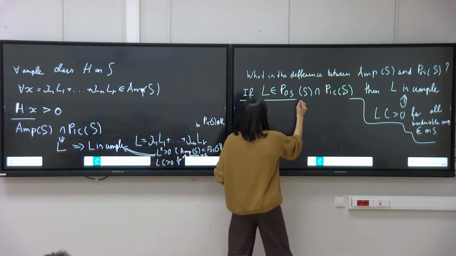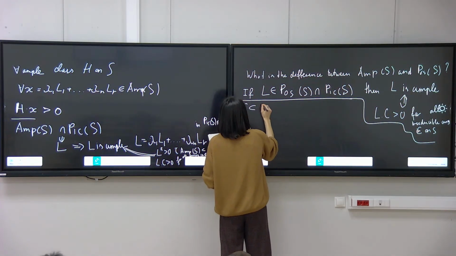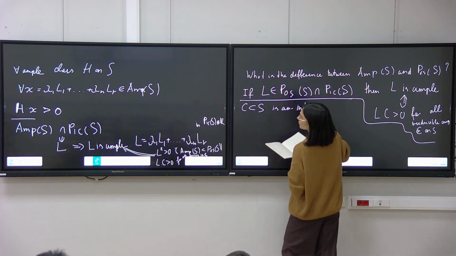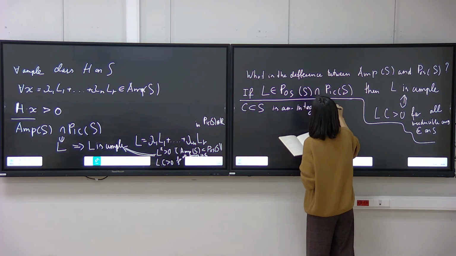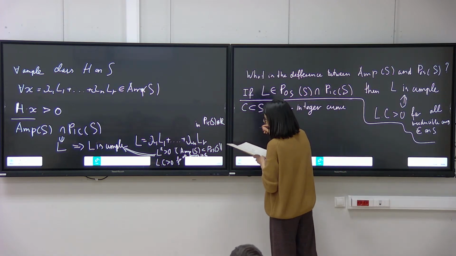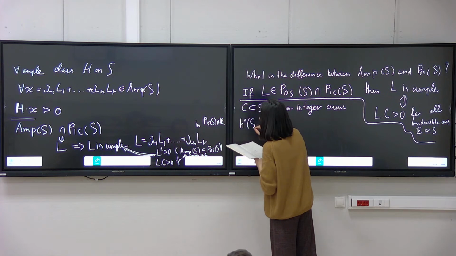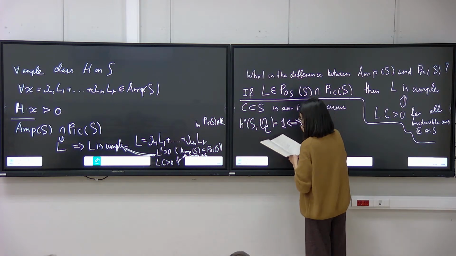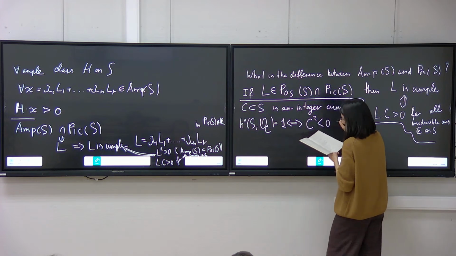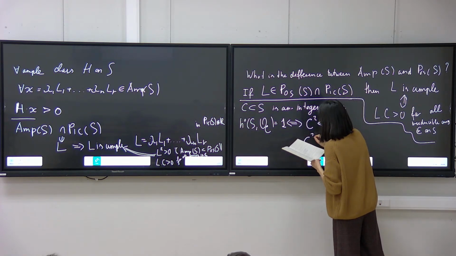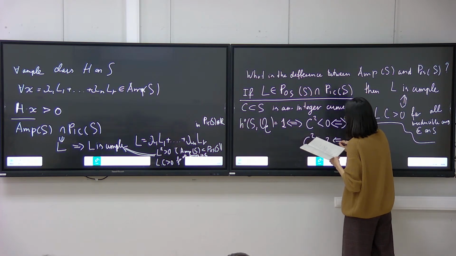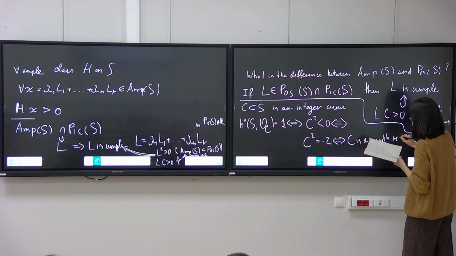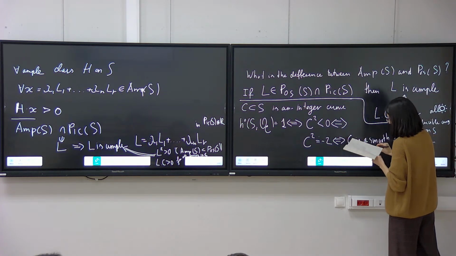So for this, let me recall that for an integral curve C, from Riemann-Roch and our favorite exact sequence, we have the following equivalences: C is a smooth rational curve.